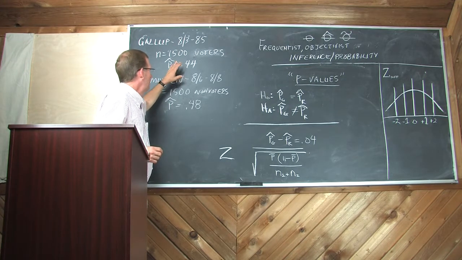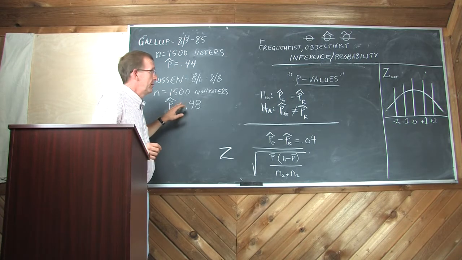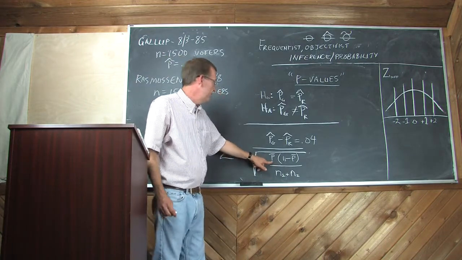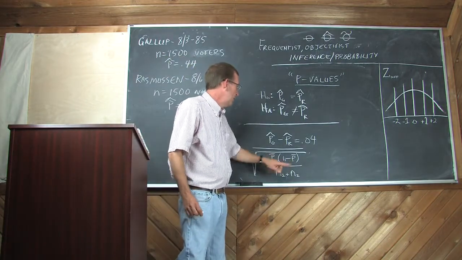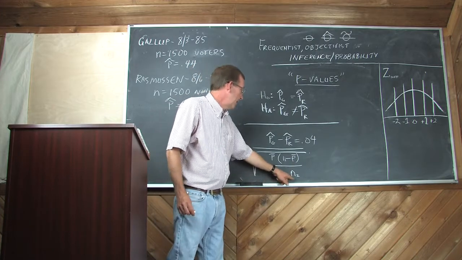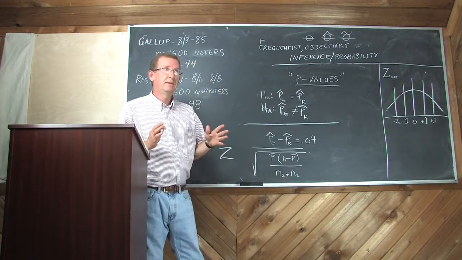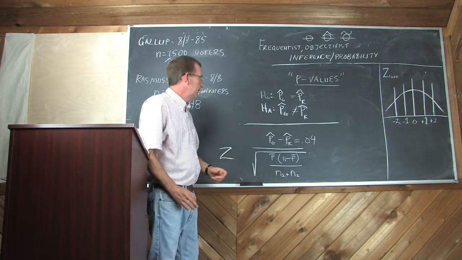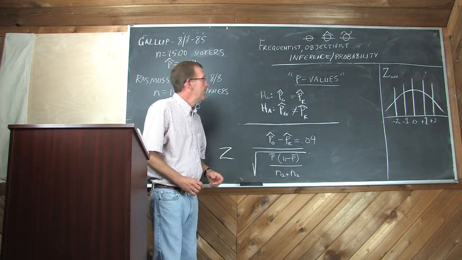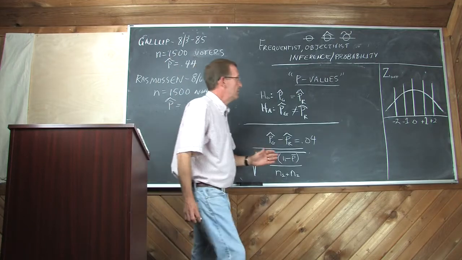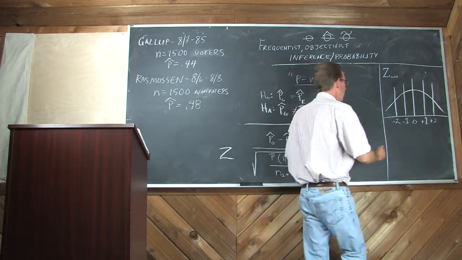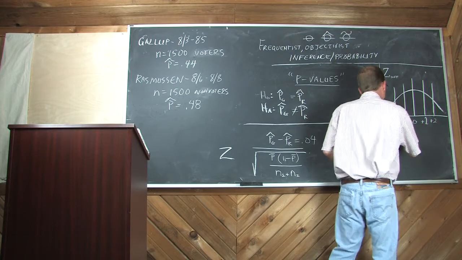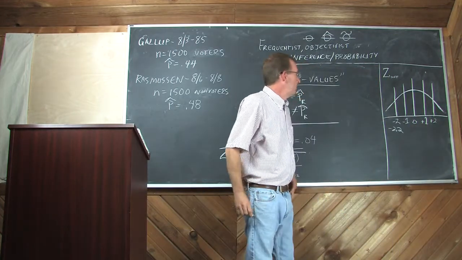So it'd be 0.44 and 0.48, the point directly in between them, would be p bar, and then 1 minus p bar, and then I'm dividing by the sum of the two sample sizes, that would be 3,000, and taking the square root of that, and finding the z-score. The z-score is minus 2.2.